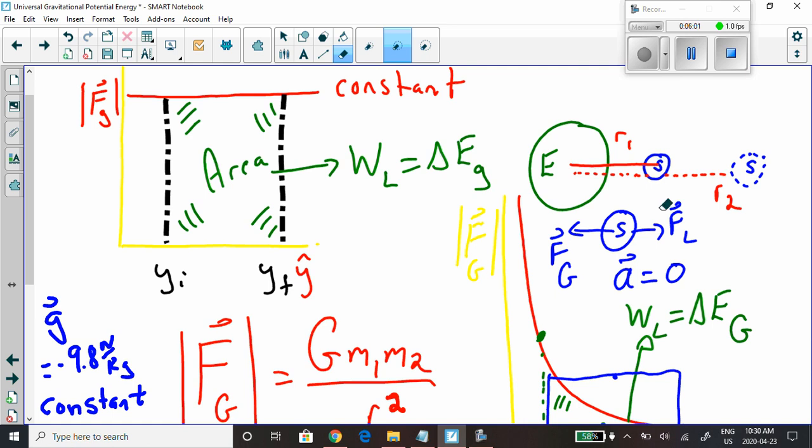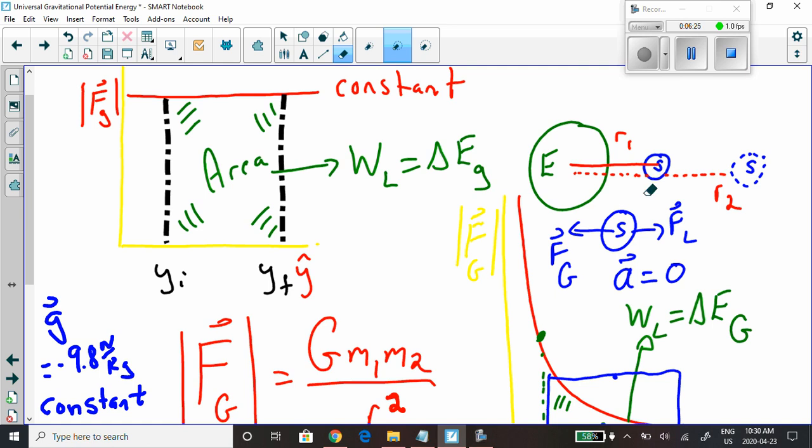And I don't know, maybe Thor comes around or Iron Man, I don't know. And I'm going to listen to the word I'm using. I'm going to lift it, okay? I'm going to lift it against the gravitational field to a new position, R2, center to center.